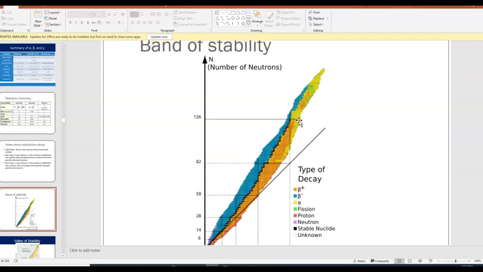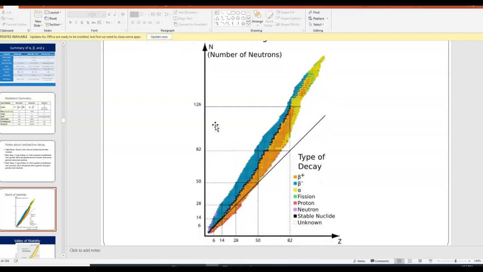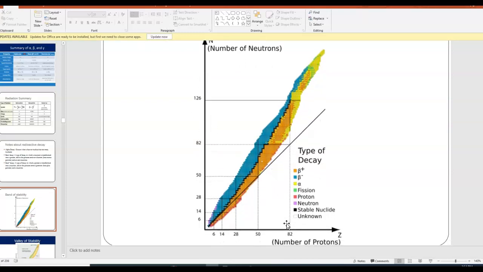Notice you typically have alpha at the higher end of the spectrum for the really heavy unstable nuclei, and then you kind of have a mixture of beta minus and beta plus down here. The graph you're looking at is you have the number of neutrons on the y-axis and the number of protons, the atomic number, on the x-axis.